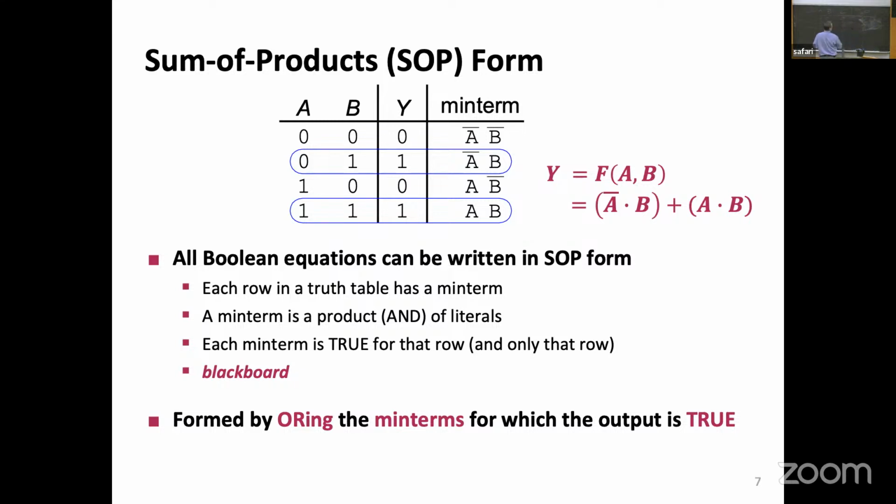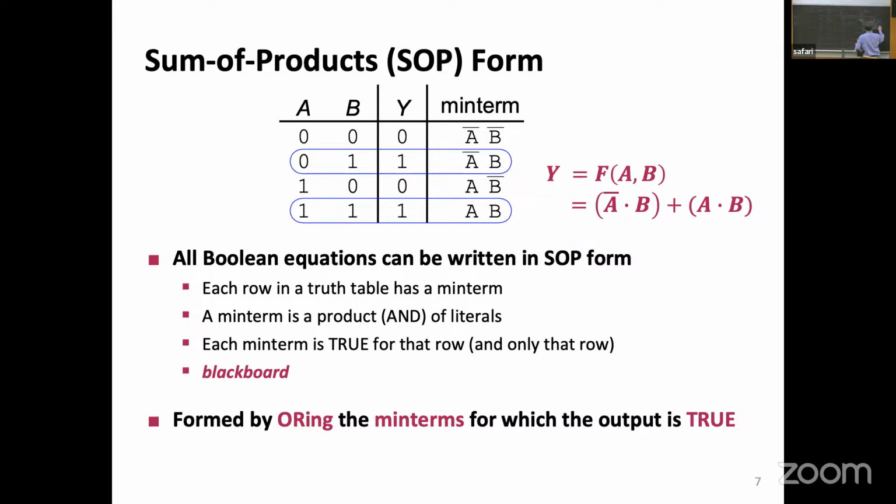And now all I have to do is figure out which lines are true and just write and OR these min terms together. So Z equals to, can somebody say this? Please?